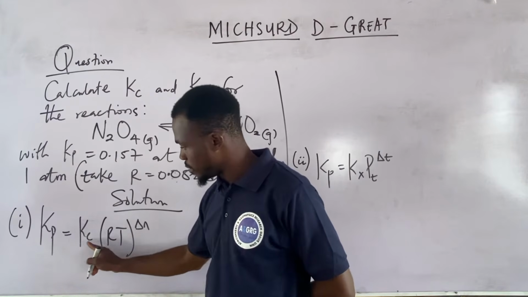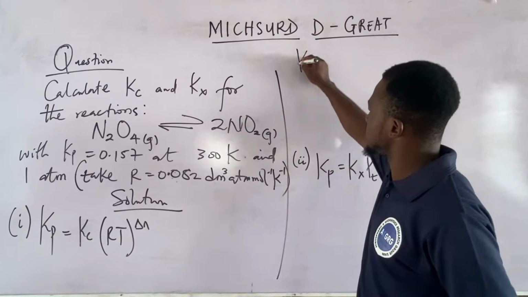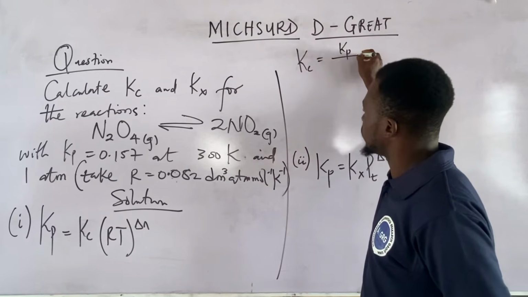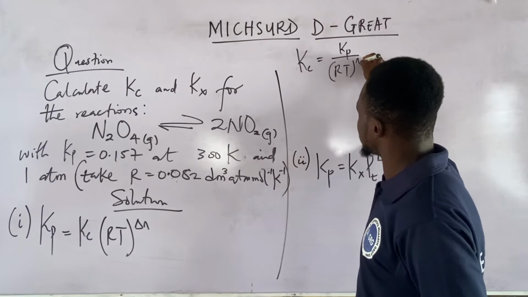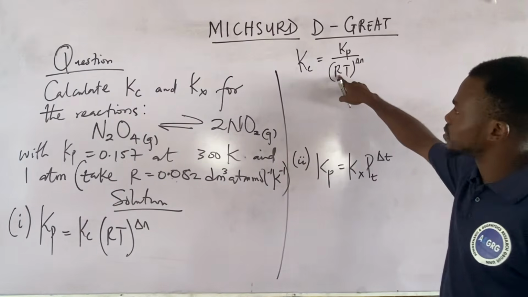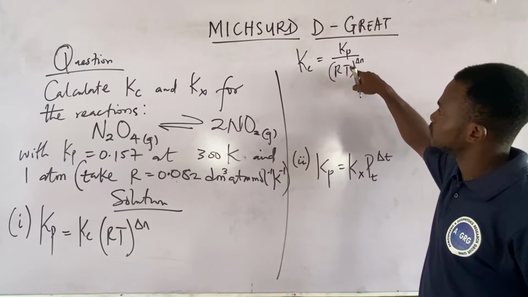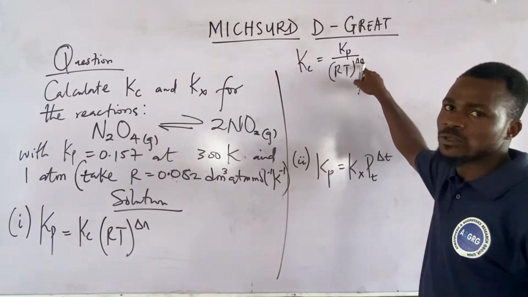So if we make Kc the subject of the formula, we are going to have that Kc is equal to Kp all over RT raised to power change in n. Where R is the gas constant and T is the absolute temperature, and we also have the change in the number of moles.